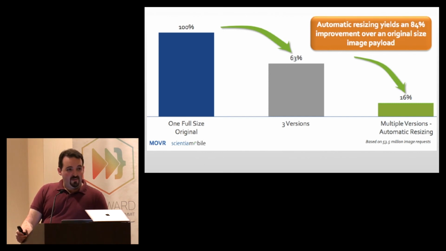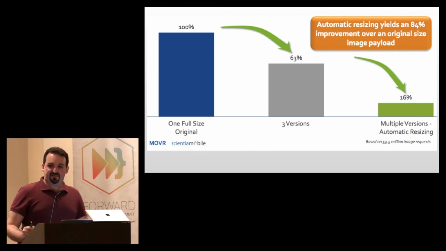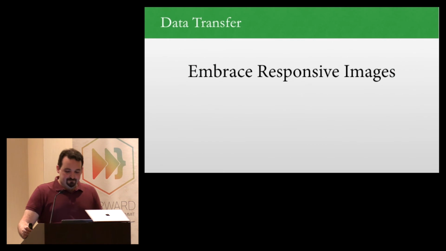But if you create one file per device or per context, you can save even more. That means multiple versions. How many versions? Near to infinite, probably. But the advantage is that we are going to save a lot of bytes, and the content will be available faster on users' screens.